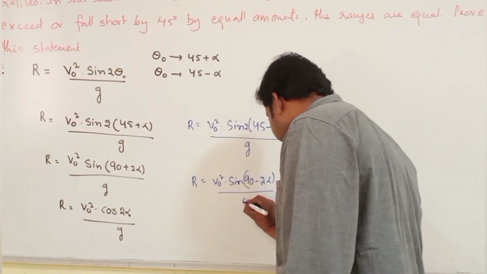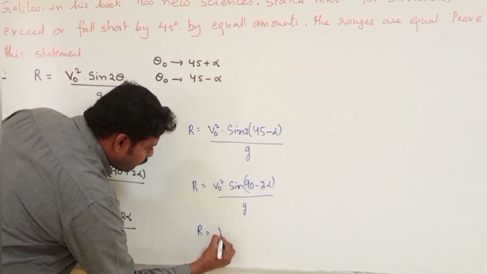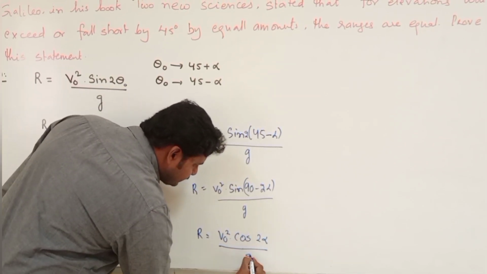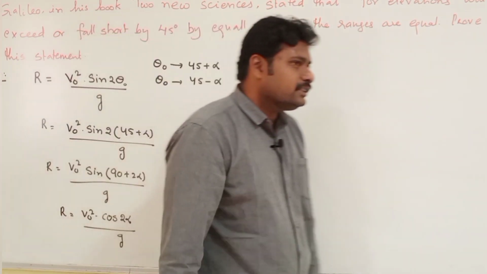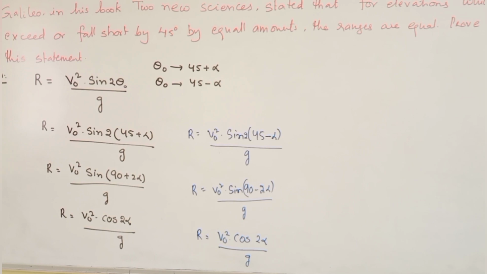What you'll get? Sin (90 minus theta) is cos theta. Then you can observe it, v naught square cos 2 alpha by g. This itself proves that the ranges for both angles are equal.